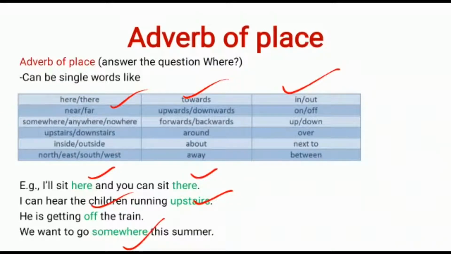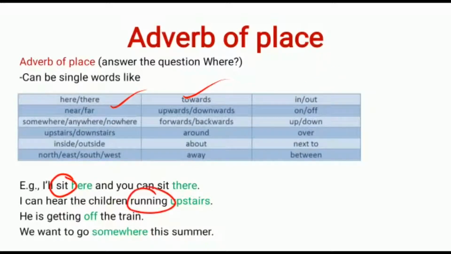Now, talking about their position in a sentence, so you can see here that they are generally placed after the main verb. Sit, running, getting, go. So this is the position of adverb of place in a sentence.